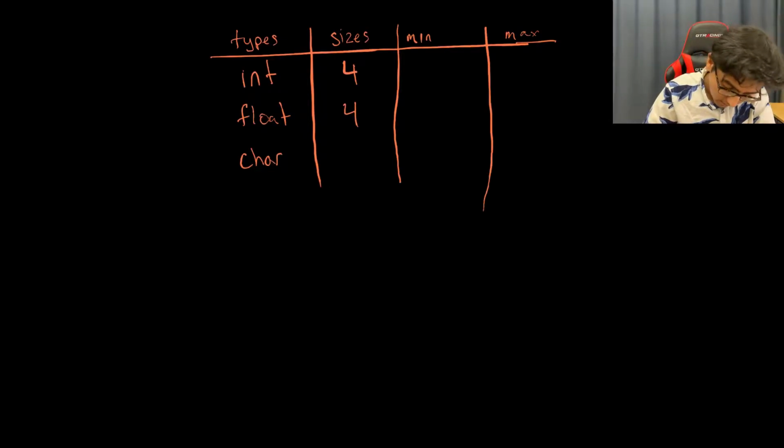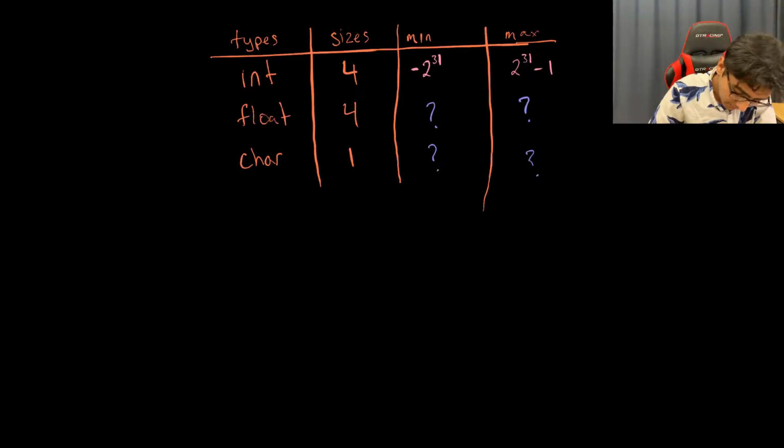A character is going to be 1 byte. And we haven't yet been told what the minimum for a float and a minimum for a character is. Similarly, same for the maximum of each of those respectively. But we do know an integer goes from negative 2 to the power 31 all the way to positive 2 to the power 31 minus 1.